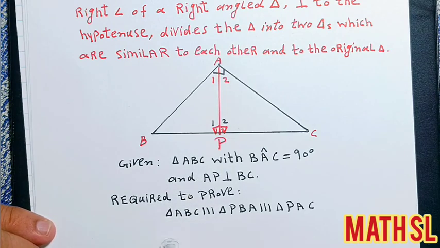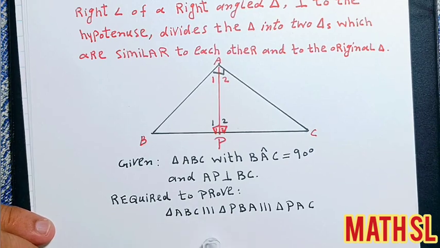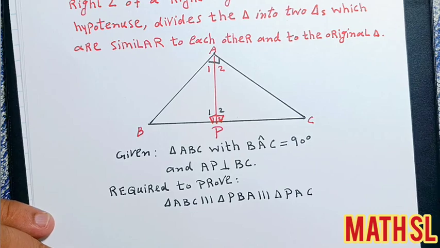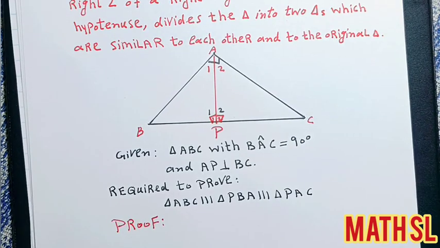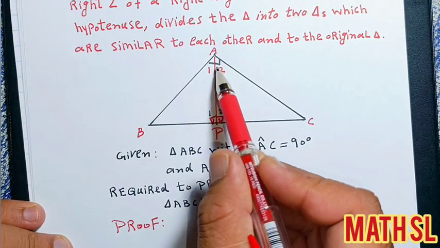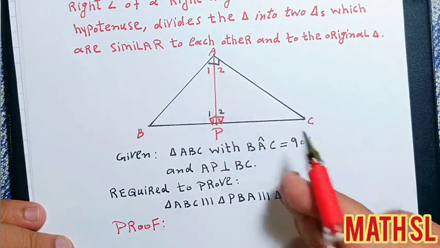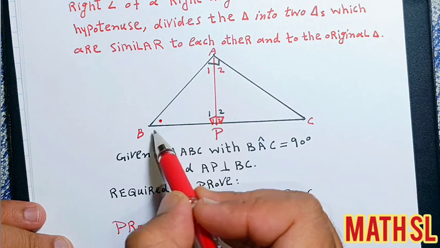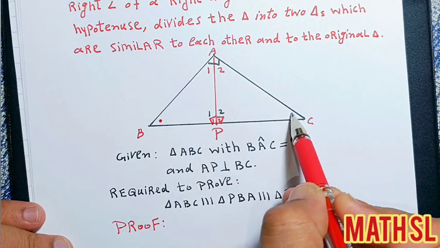Now we are required to prove triangle ABC is similar to triangle PBA, which is similar to triangle PAC. I'll show you how to prove this theorem. Before we prove it, remember that this is the main triangle with a 90 degree angle, and we mark this angle B with a dot and this angle C with a cross.